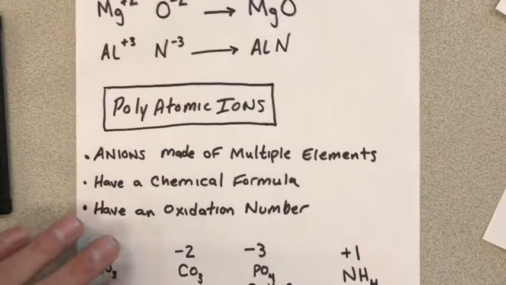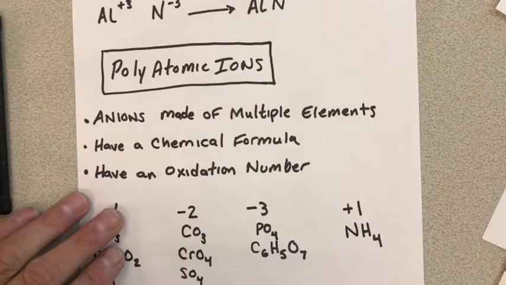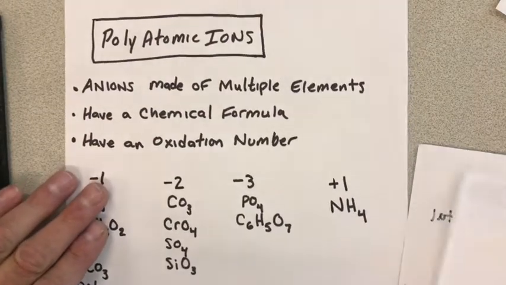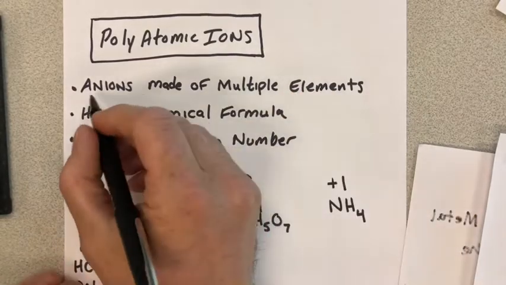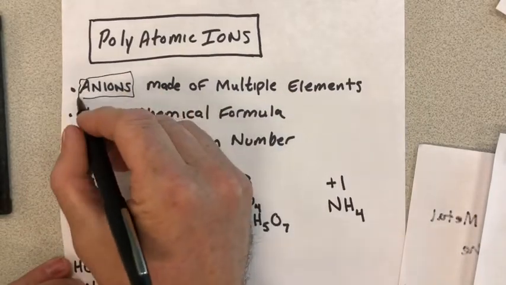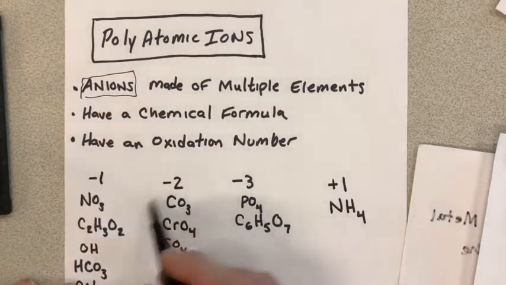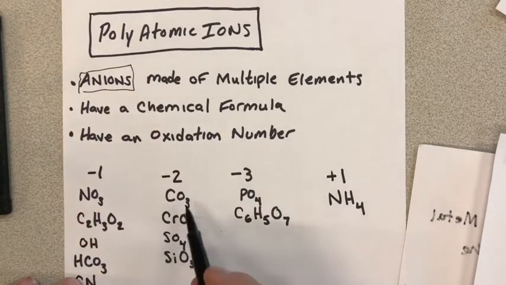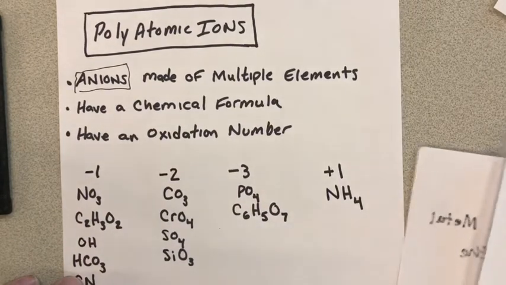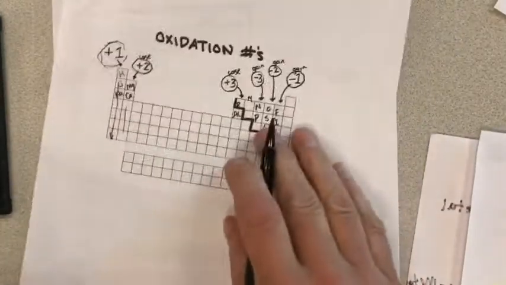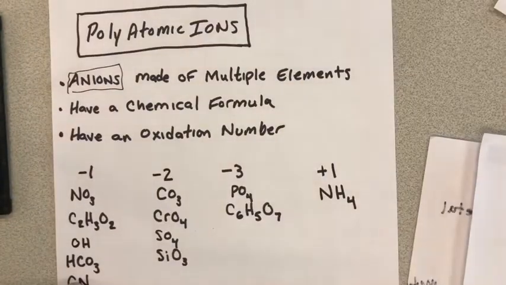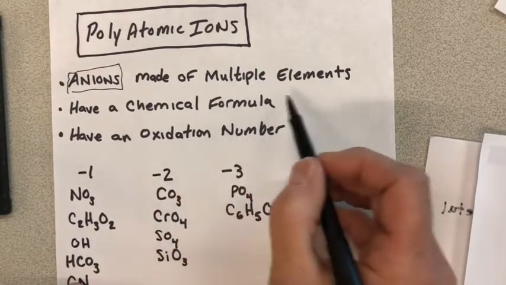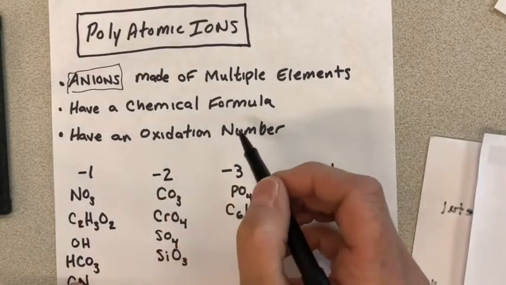And this is something you'll work with a lot here. These are known as polyatomic ions. So these, by and large, are anions, okay, with negative oxidation numbers, just like the anions from the right side of the periodic table, okay? The only difference is that they have multiple elements and they have a chemical formula.